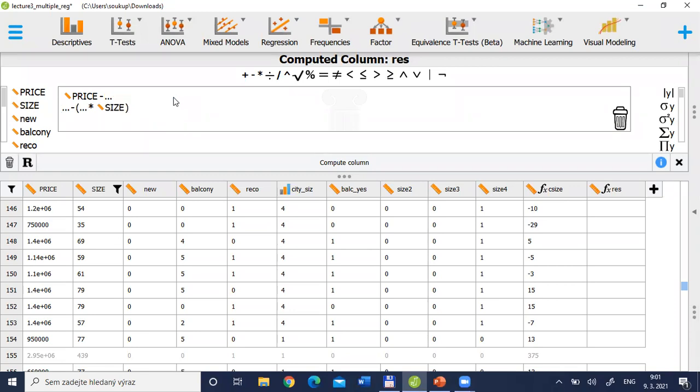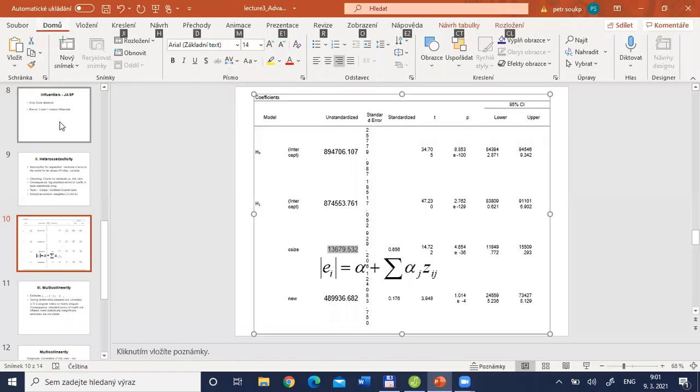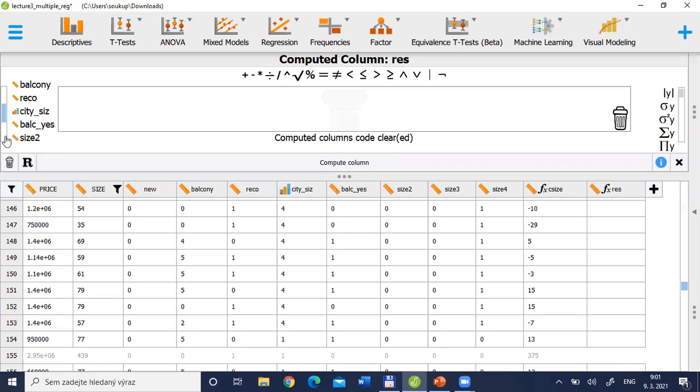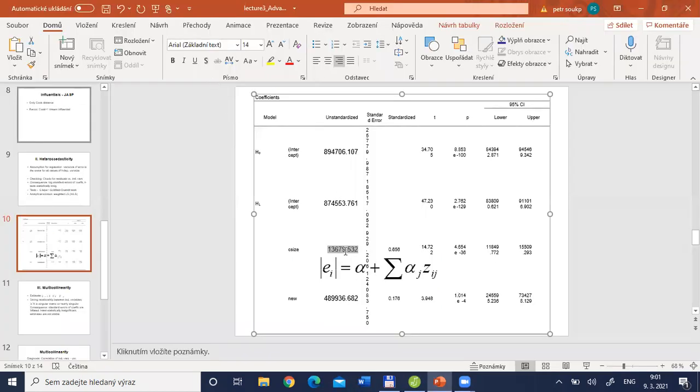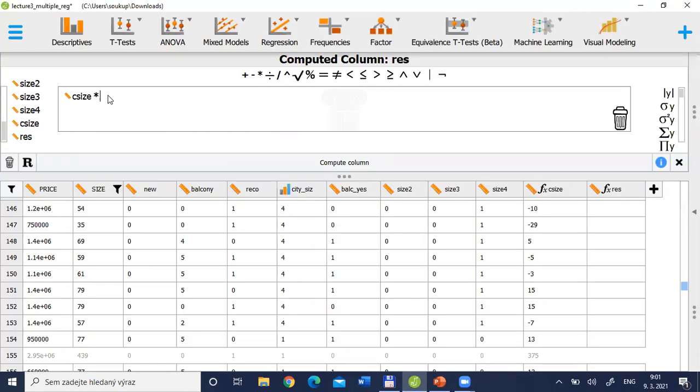And I need also, oh, no, it's not correct. So once again, maybe first of all I would compute only the result for the estimation. Sorry for that. I would take, first of all, this size multiplied by this value. Then I will add plus.